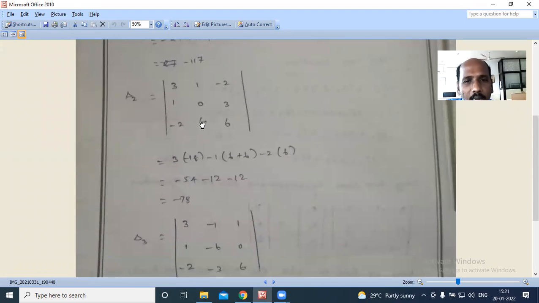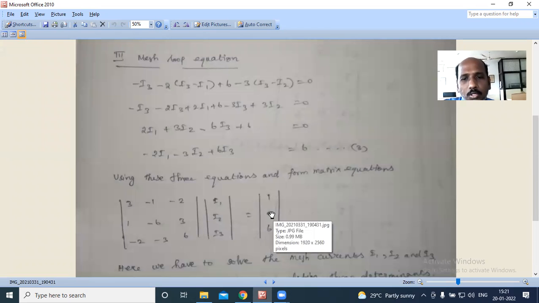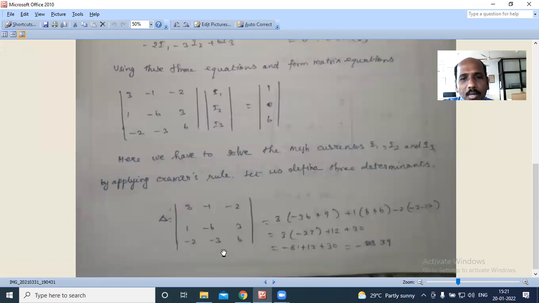Similarly, del 2. For del 2, the second column is replaced by 106, and the rest of the values we keep as it is. The second column, minus 1, minus 6, minus 3, is replaced by this 106. For del 3, the third column should be replaced by 106.